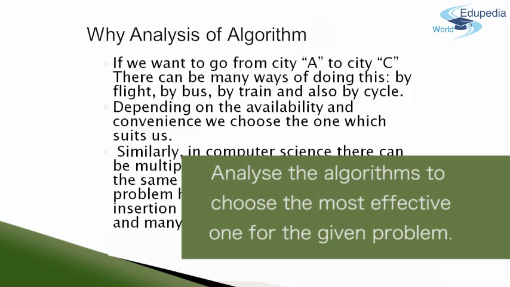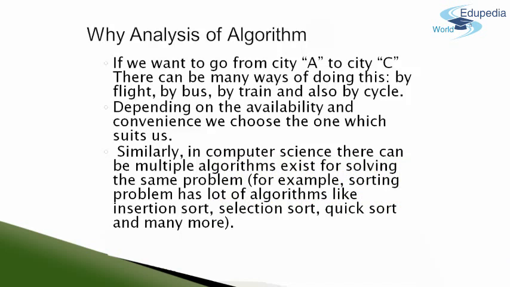Because a problem can be solved by hundreds of solutions. But depending upon our need or a particular scenario, there could be a single solution which is the best one to solve that problem in that scenario. So we need to actually find that. So that's why we do the analysis of algorithm.